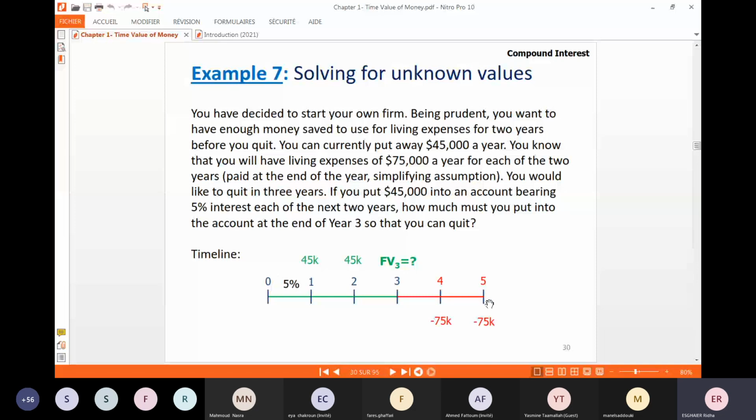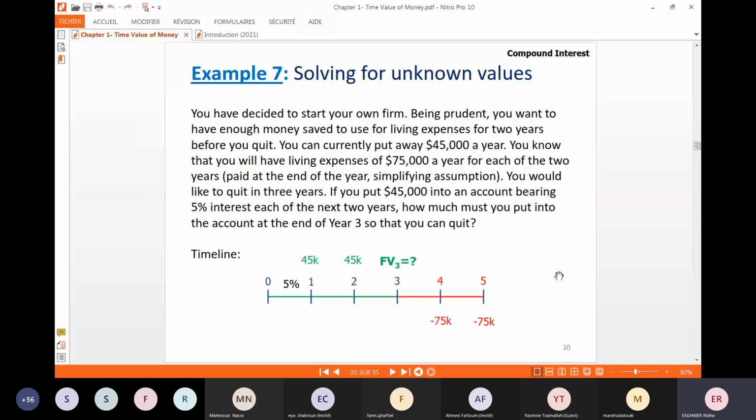This is one way of solving this problem. Another way consists of computing their future value, but in general, the logic is to compute the value today of what we will receive and what we will pay in the future, to make things simpler.